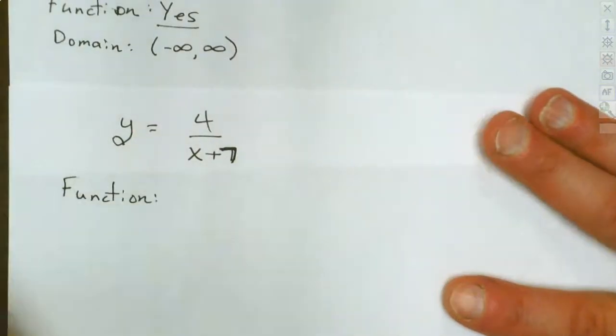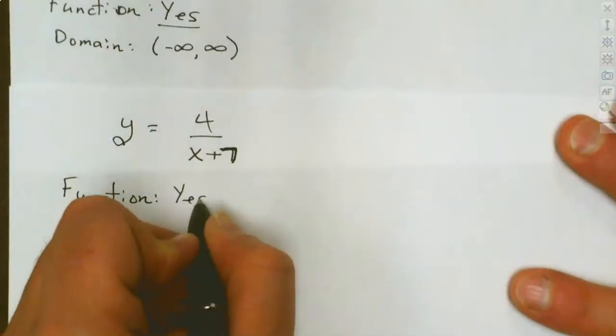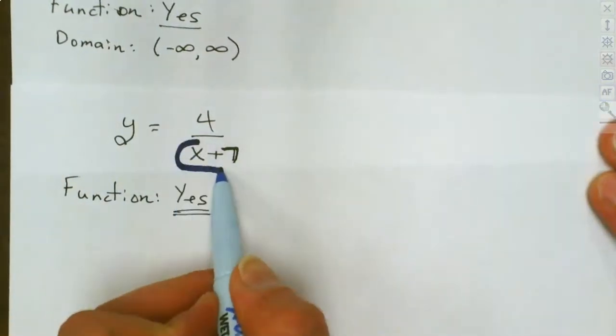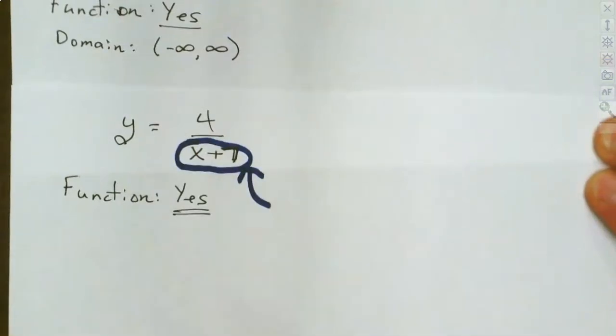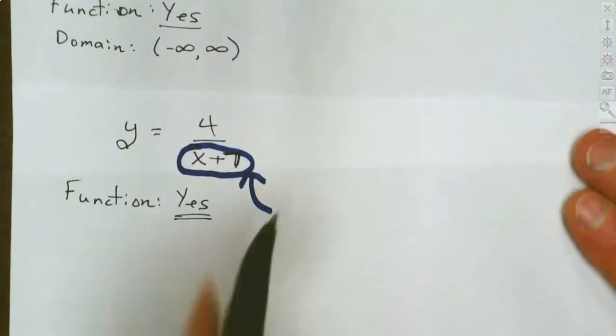Why is it a function? Well, has it already been solved for y, or can it be solved for y? Yeah, it's already been solved for y, right? It's y equals. So that tells you automatically that this is a function. So that's the easy part. What do we have in the denominator? This is our denominator here. Now, what we cannot have is division by 0.